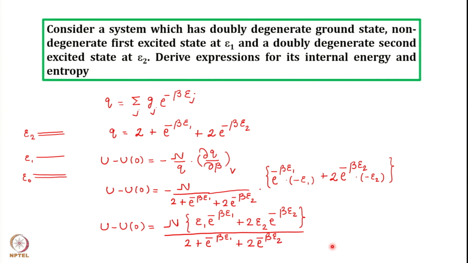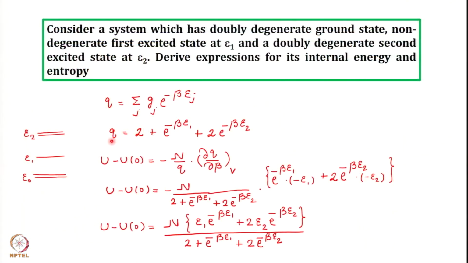You can calculate internal energy for this system as a function of temperature. Carefully note that in the previous example, when we considered only two level systems, Q was different.